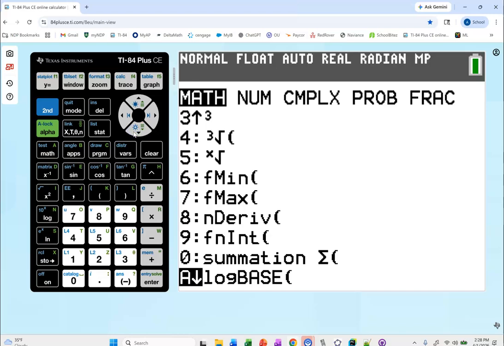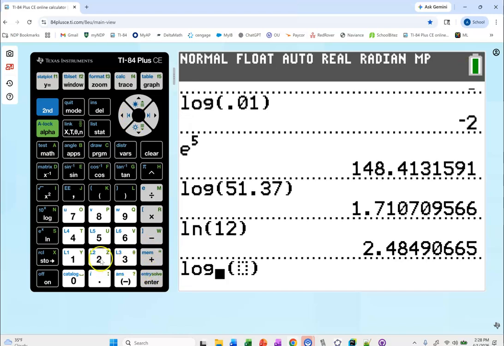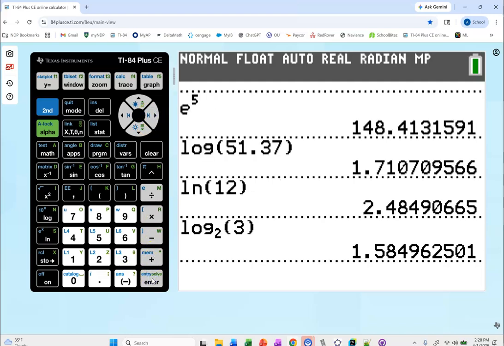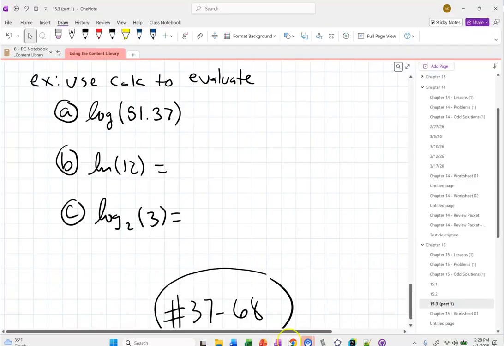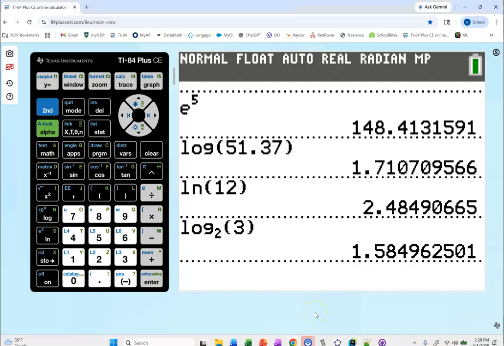There's mine, Command A. Then I can just type it in exactly like it looks on my sheet of paper and press enter. So log base 2 of 3 is 1.58. What do you guys think? And so that's how to type logarithms into your calculator.